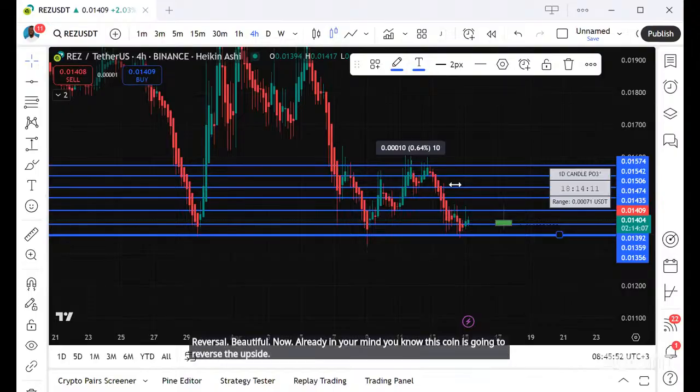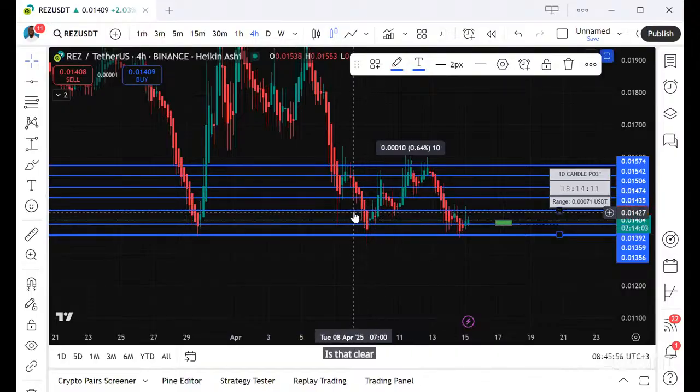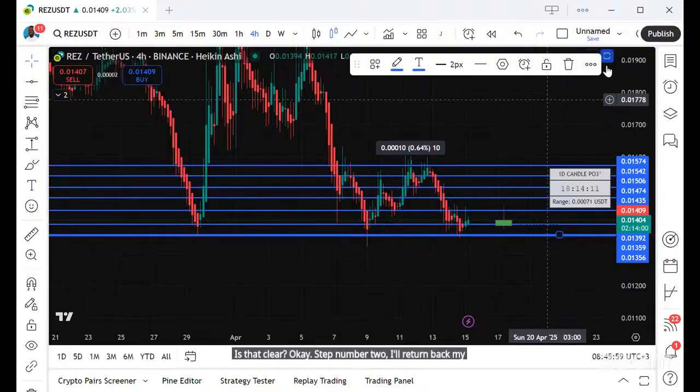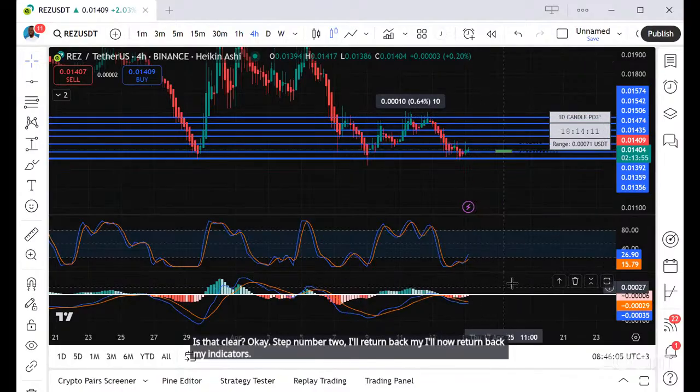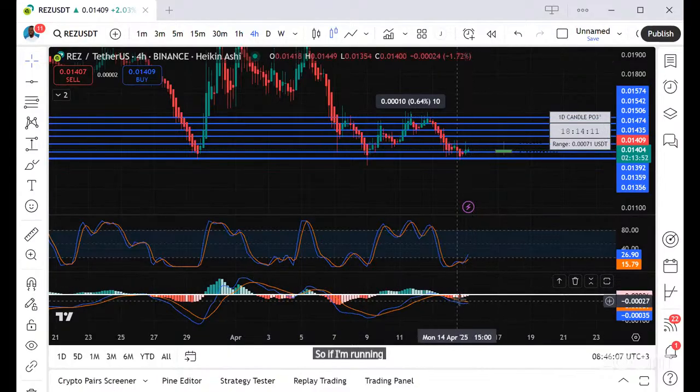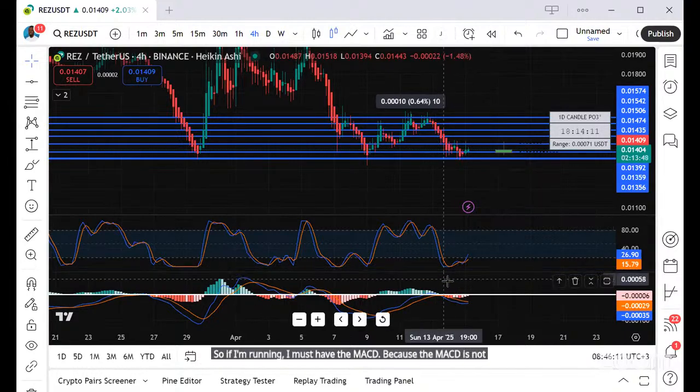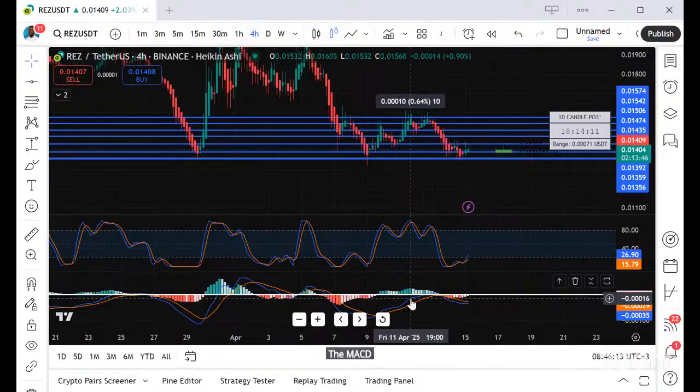Is that clear? Okay. Step number 2, I now return back my indicators. If I'm running, I must have the MACD, because the MACD is not a real-time indicator. The MACD is a lagging indicator, but it shows me what is expected in the market.